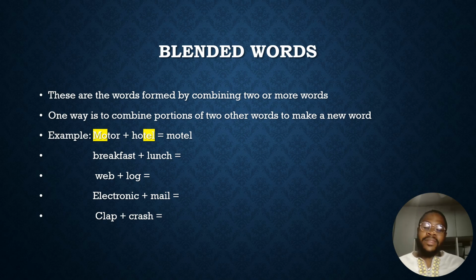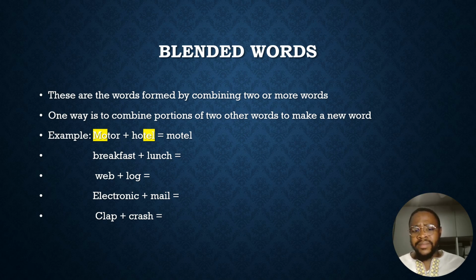For example, motor plus hotel. A motor is a vehicle. A hotel is an accommodation establishment where people normally go to sleep. But when we take motor and hotel and we blend them to create a blended word, we come up with a motel. A motel is that establishment where people just go for the night in case they are on a road trip or going to another place.